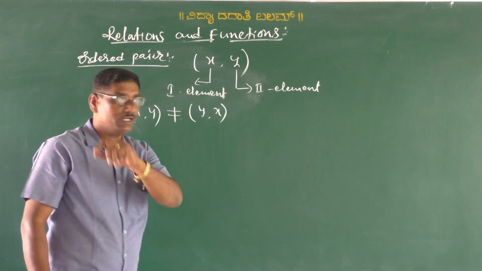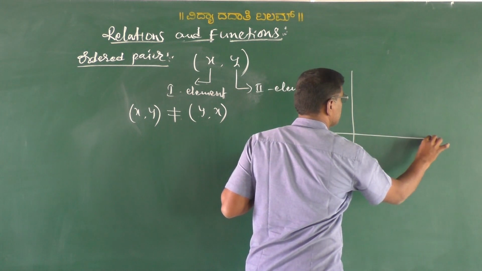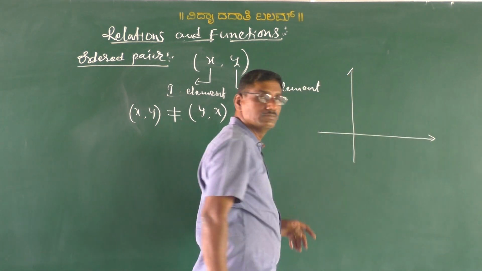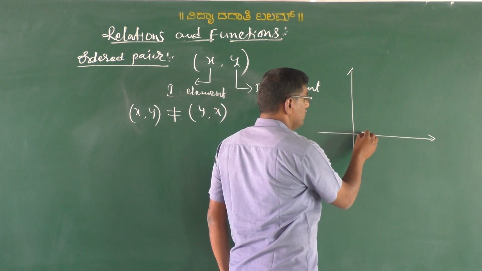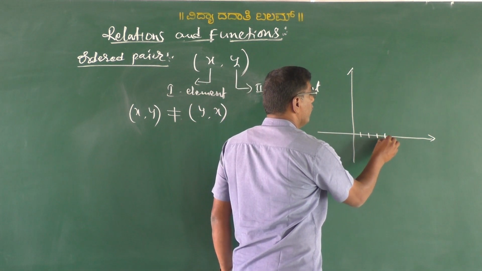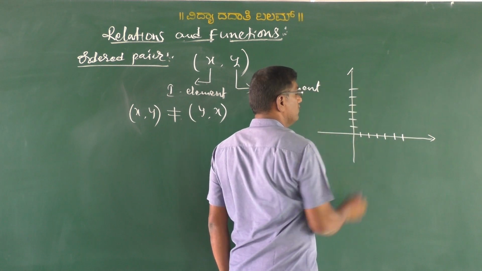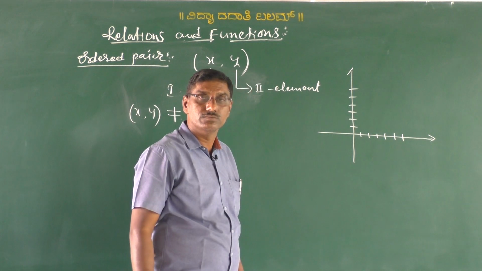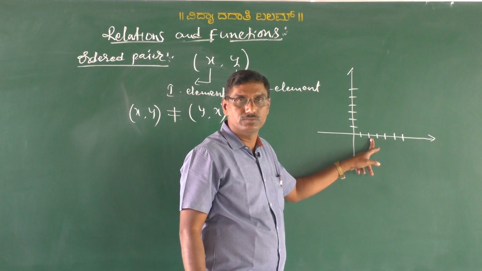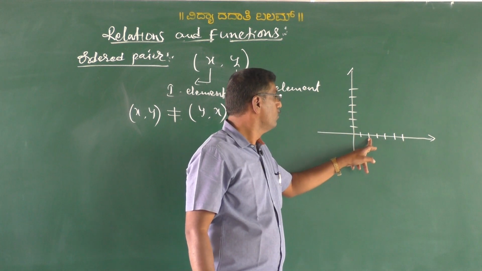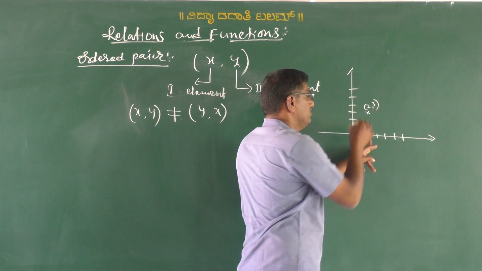How, sir? Consider one example, my dear students. Here this is 1, 2, 3, 4, 5, 6. 1, 2, 3, 4, 5, 6. Now we want to express here the point (2, 3). This is the point (2, 3), isn't it?